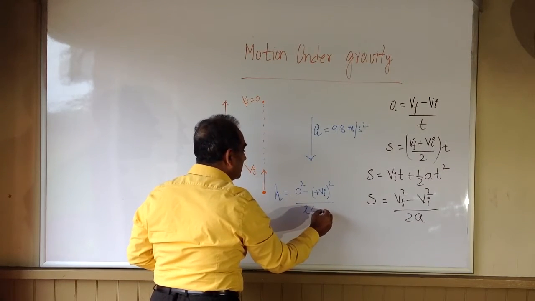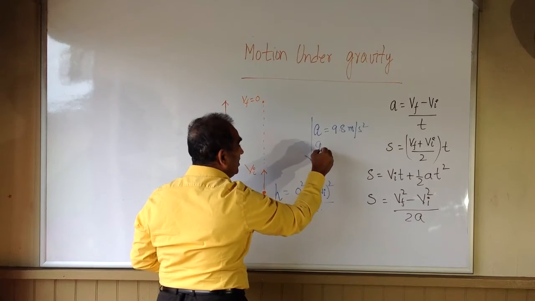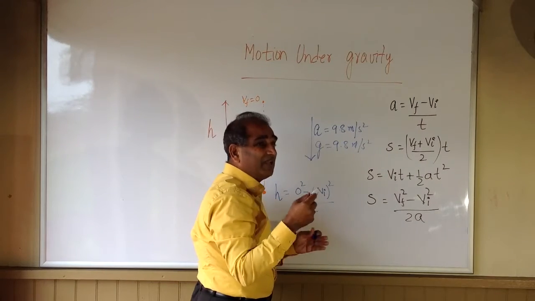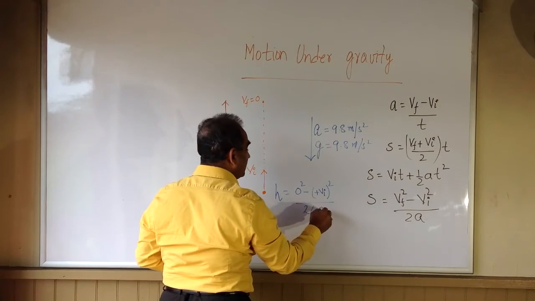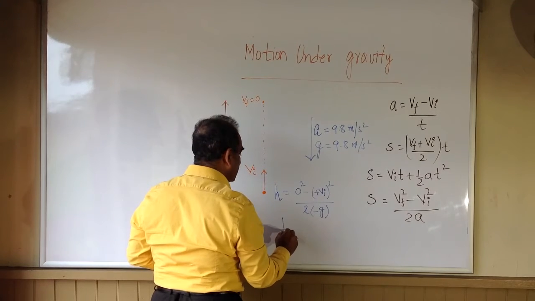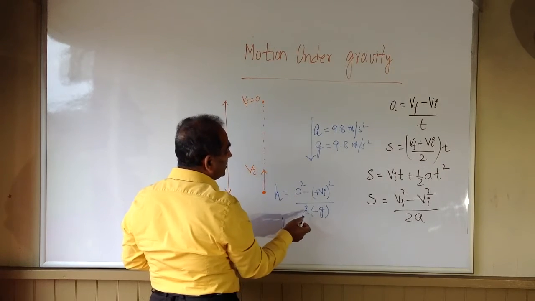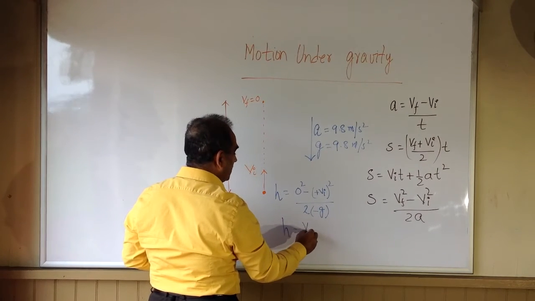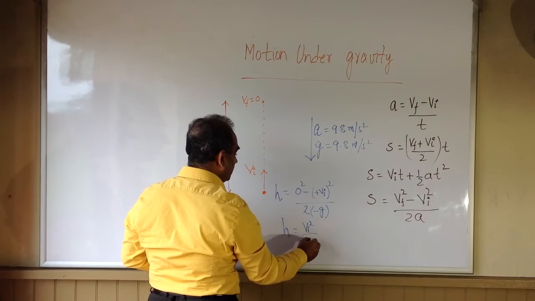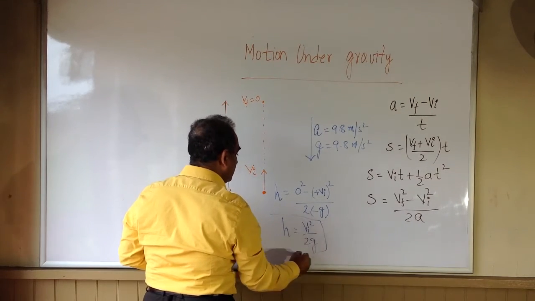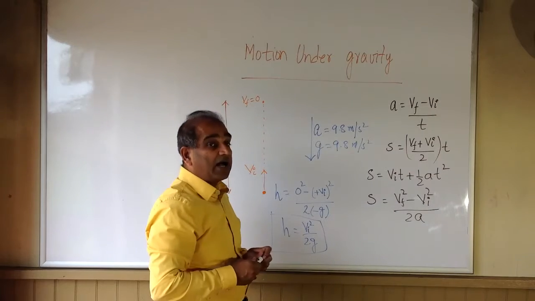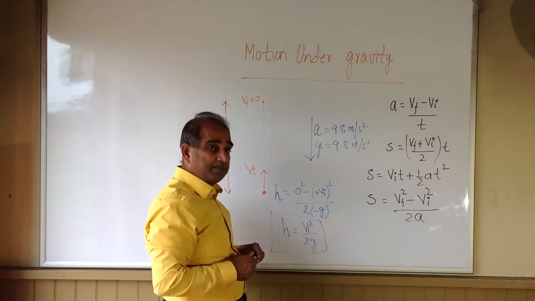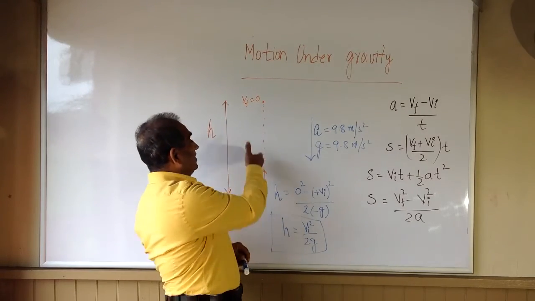So minus, we will call this acceleration g, equal to 9.8 meter per second squared. This is the general way of representing gravity. So minus g. So this h becomes equal to this minus and this minus become plus, and 0 goes. Vi squared over 2g. So this is the equation for the height to which the particle rises when it's thrown upwards.